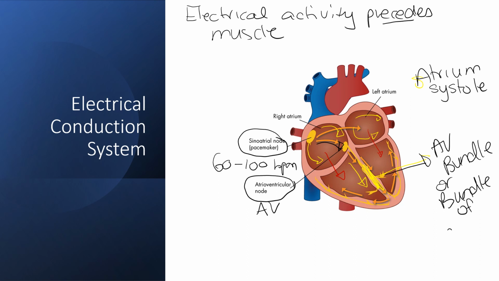That current is then going to move from the AV bundle into these little fibers that spread over the myocardium of the ventricles, the bottom of the ventricles, and these are called the Purkinje fibers.